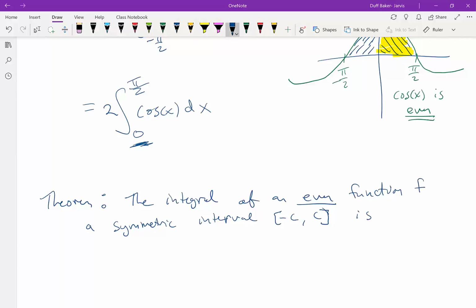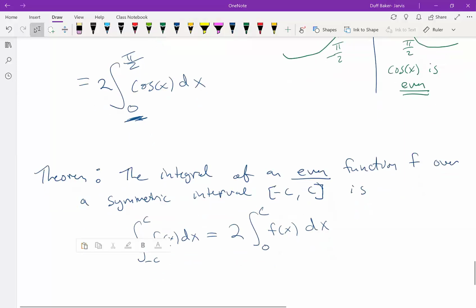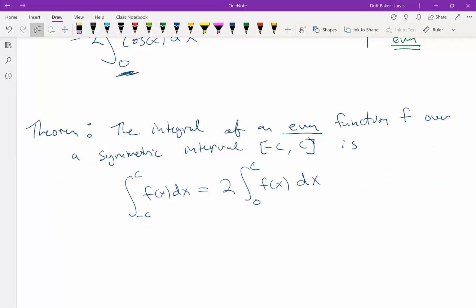An even function f over a symmetric interval is, so if you start out with this, then what you end up with is you can just take twice the half of it from 0 to c. Okay. So that one probably won't come up quite as often, but still sometimes useful.